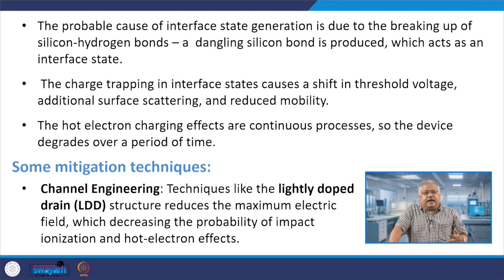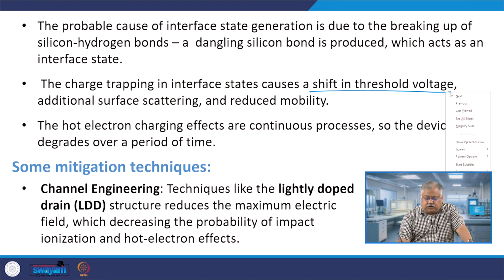So, basically dangling bonds are available which will be low energy states where the electrons can sit. As I discussed with you, this will cause a shift in the threshold voltage.